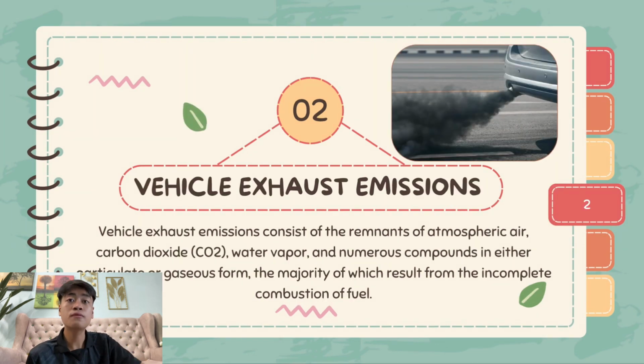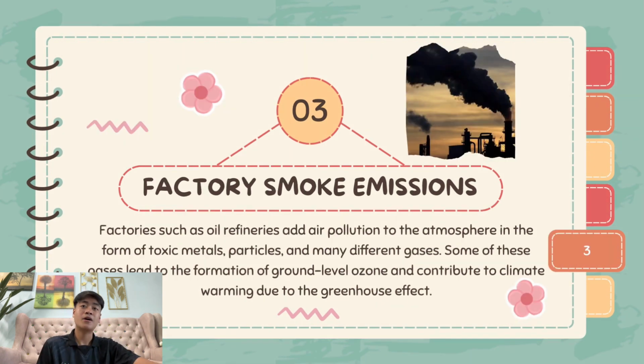Next, we go to vehicle exhaust emissions. Vehicle exhaust emissions consist of the remains of atmospheric air, carbon dioxide, water vapor, and numerous compounds in either particulate or gas form, the majority of which result from the incomplete combustion of fuel. Next, we go to factory smoke emission.